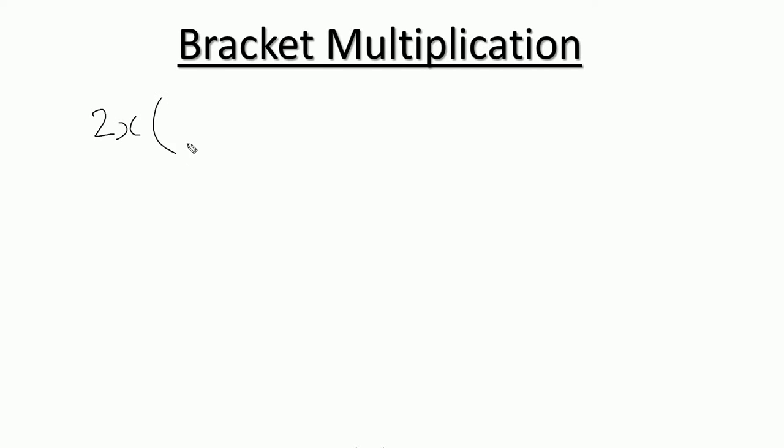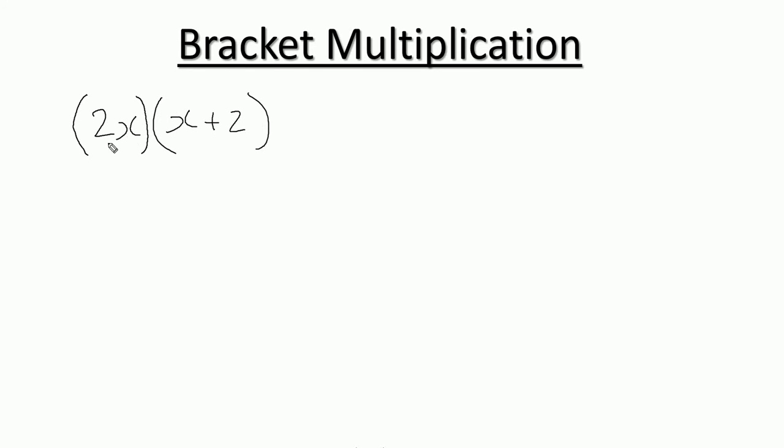2x times by the bracket x plus 2. So here we have to treat this term out front as if it were in its own set of brackets. Now the idea behind this is that every term in this bracket must be multiplied by every term in this bracket.